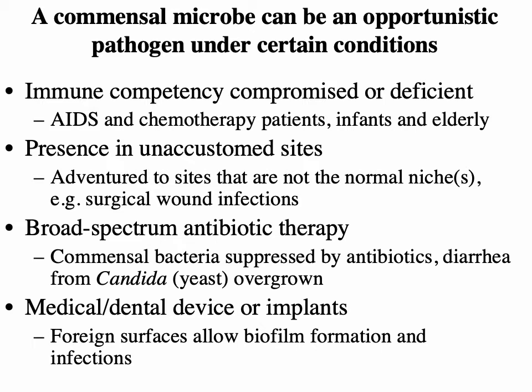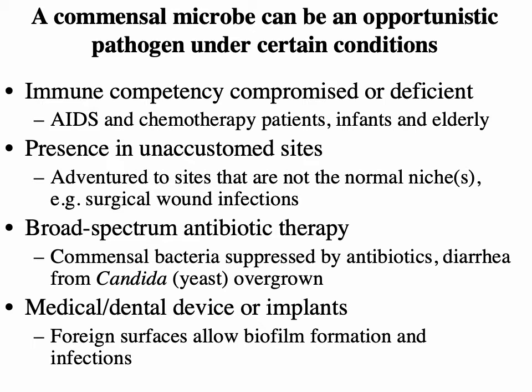And the example given here, surgical wound infection, is the same case. So you have people who have gone through, say, surgery in the abdomen area, and then they come down with an infection by Bacteroides. Bacteroides are normally found in the large intestine, and they stay within the intestine.